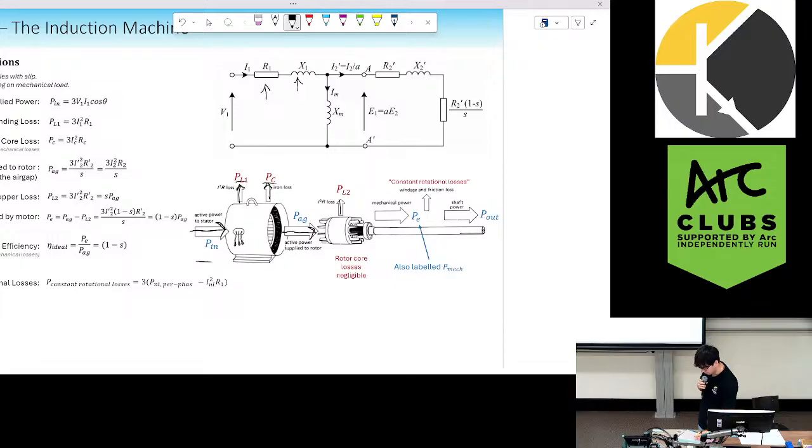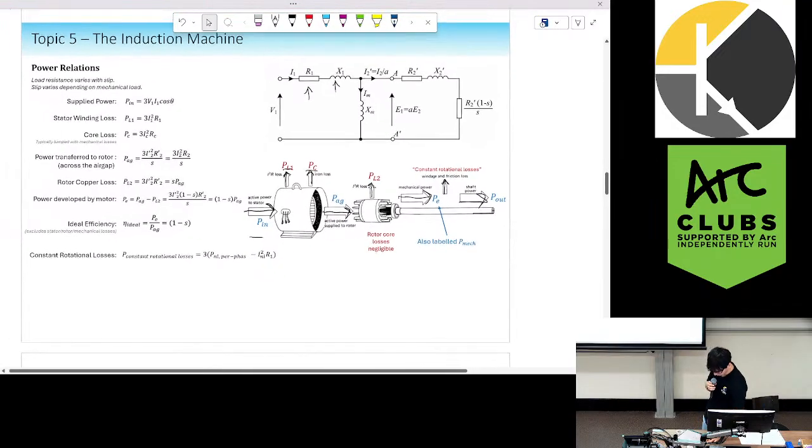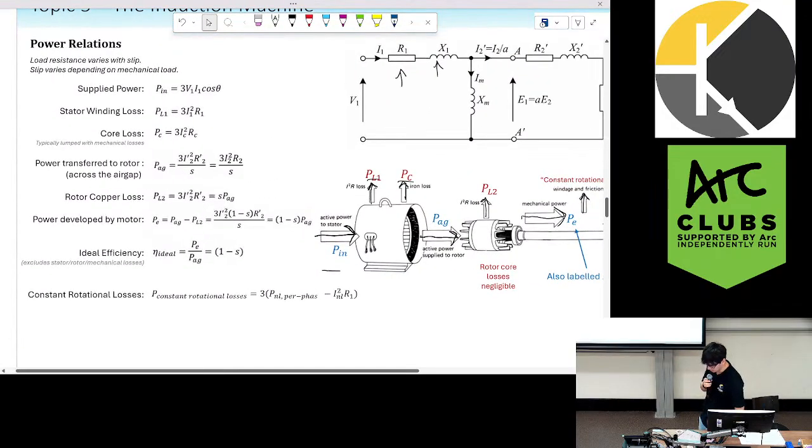Then we have more I squared R losses from our winding in our rotor. Then we have mechanical power being outputted. Lastly, we have our constant rotational losses, which are our windage and friction losses. And at the end, we get some output power. These are all the equations. I will be using some of them in the example that we're about to do.